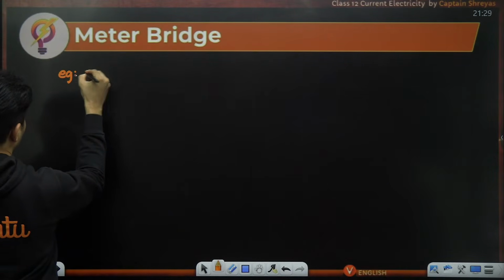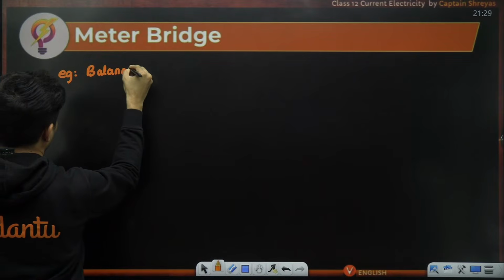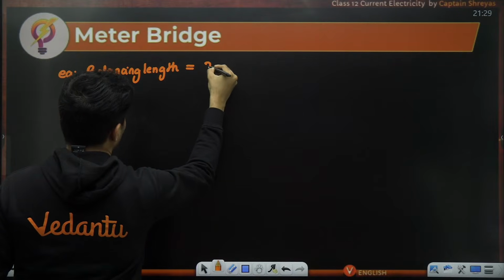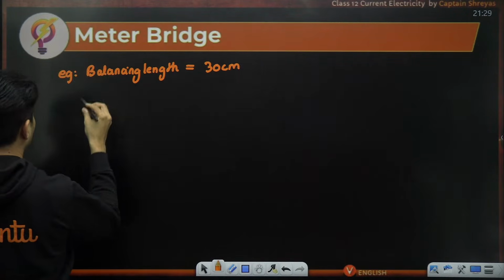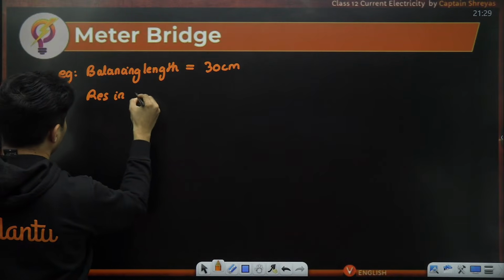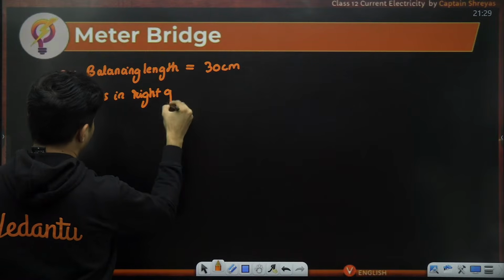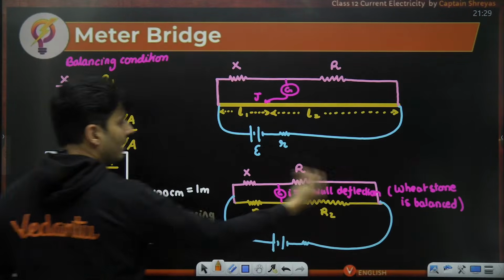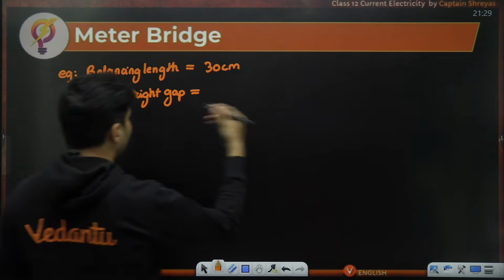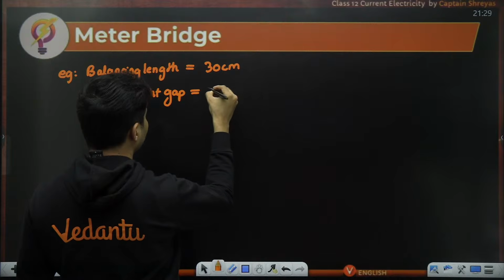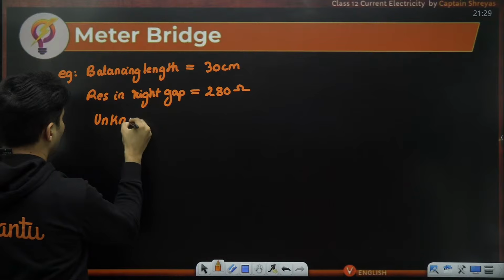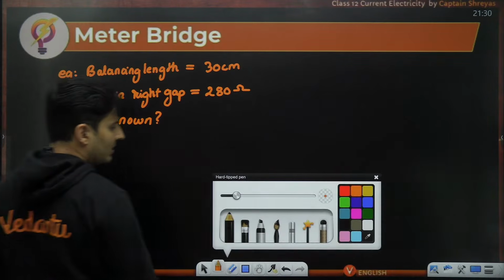I tell you the balancing length is 30 centimeters, and the known resistance, or the resistance in the right gap, meaning this gap over here, is let's say 280 ohms. Can you find what is the unknown resistance?